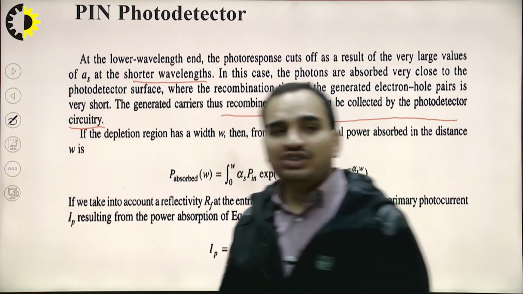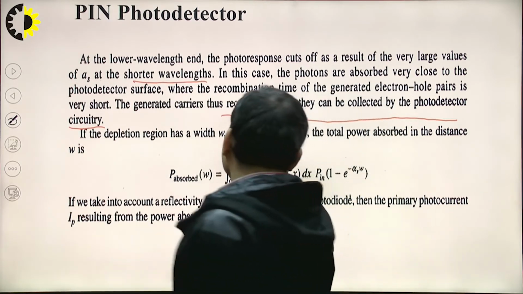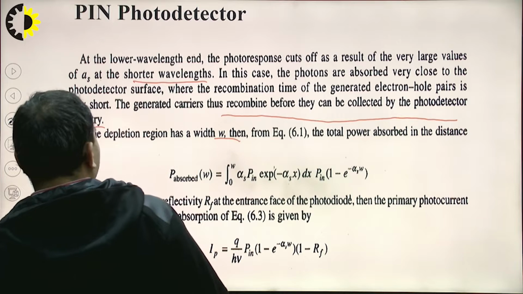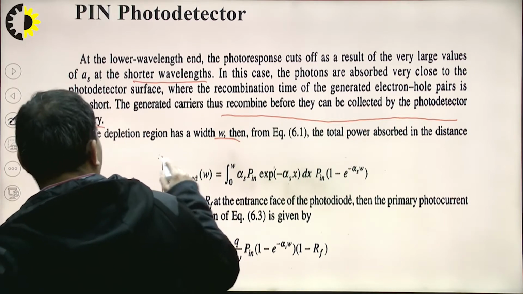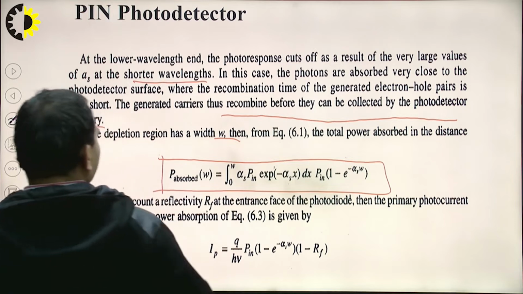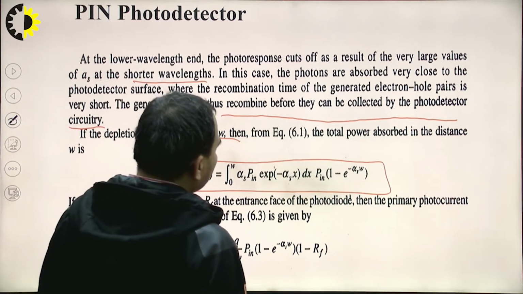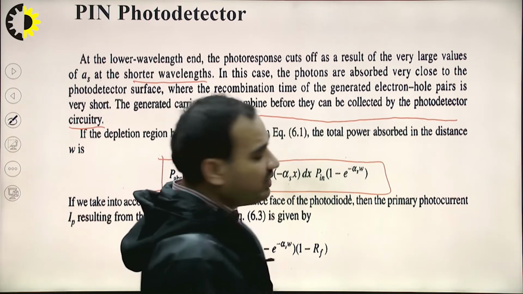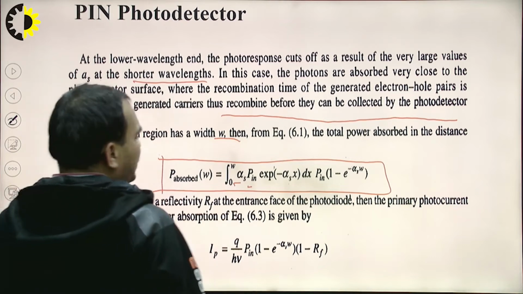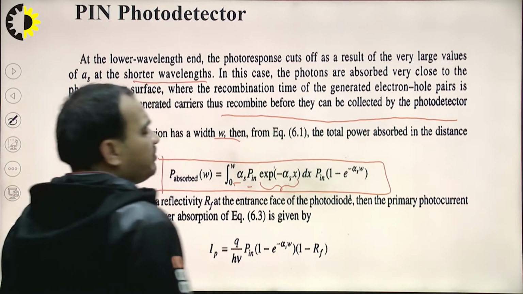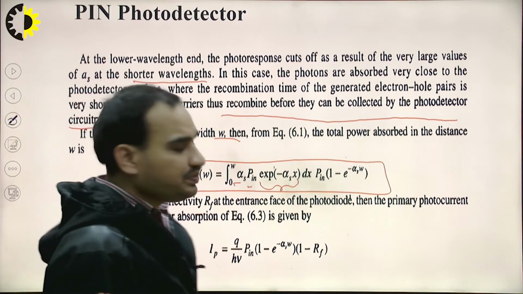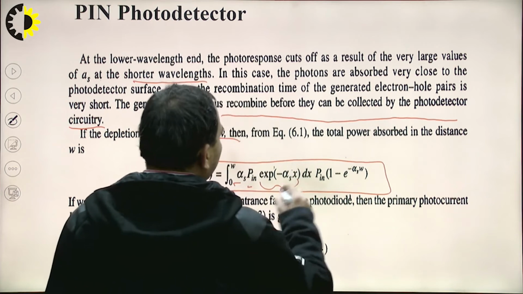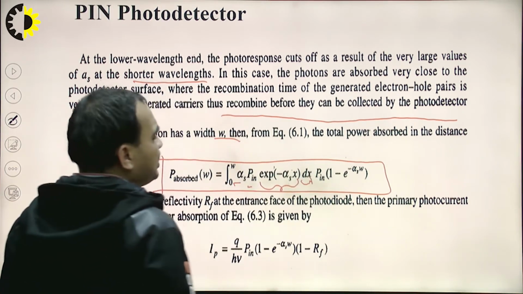If the depletion region has a width W, the total power absorbed in the distance W is given by P(W), the integration from 0 to W of alpha S times P, the incident power on the photodetector, times exponential of minus alpha S x, where alpha S is the absorption coefficient and dx is the distance.